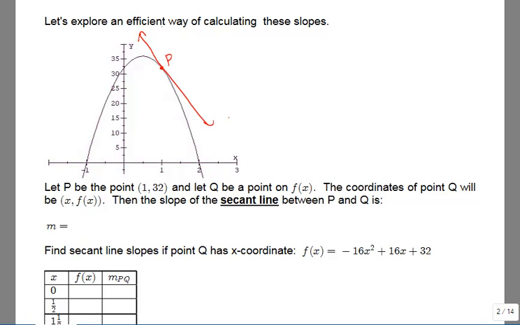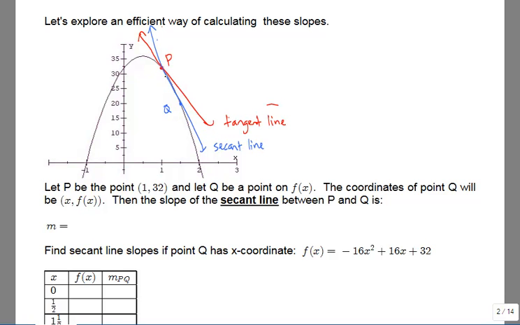Now it's ideally what we're trying to get at, the slope of that tangent line, but what we can do to estimate it is pick some points Q like this and create a secant line. Now that point Q is pretty far away from P, and so you can see that these two lines, the red line and the blue line, are pretty far apart from each other.